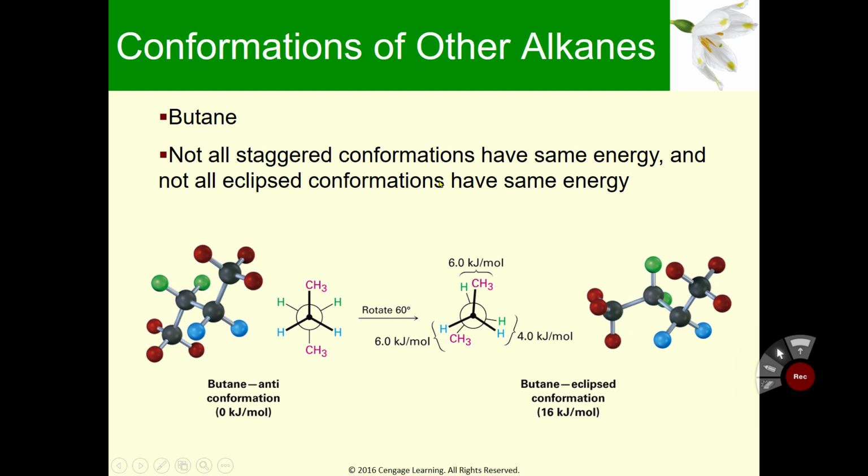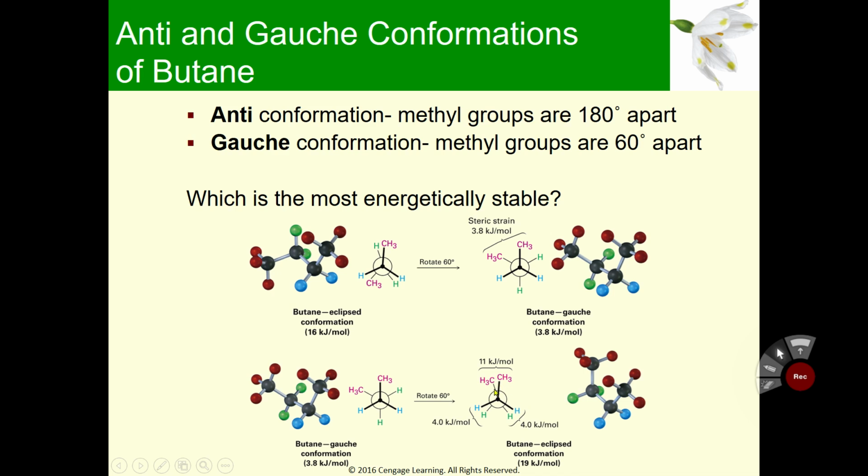For H and H it is 4 kilojoules. But in this case, it is CH3 and CH3. The energy of CH3 and CH3 should be higher than 6 kilojoules, and the energy due to eclipsing CH3 is about 11 kilojoules.